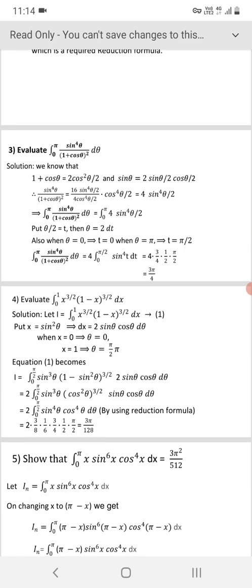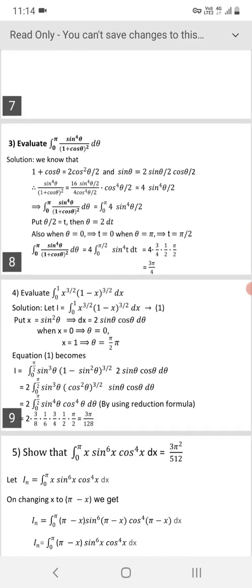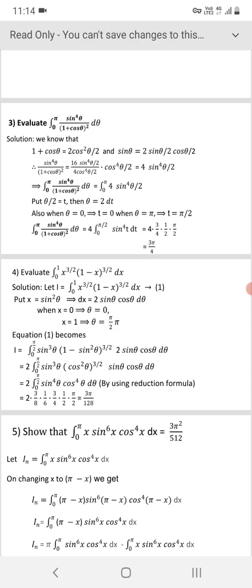On this basis, we will take the substitution in the given integration. So it becomes 4 sin^4 θ by 2. Therefore the entire integral from 0 to π of sin^4 θ by 1 plus cos θ dθ is nothing but the integration from 0 to π of 4 sin^4 (θ by 2).